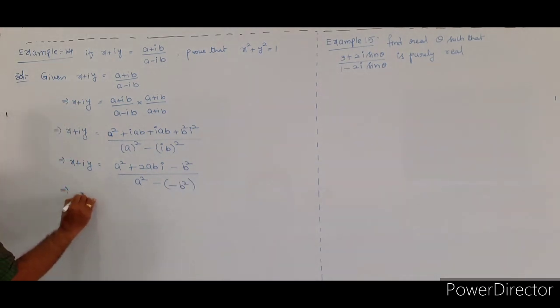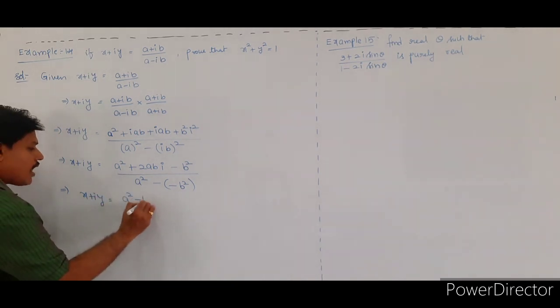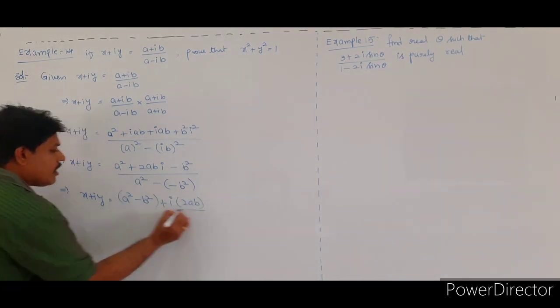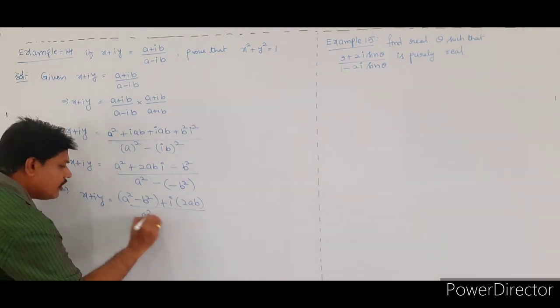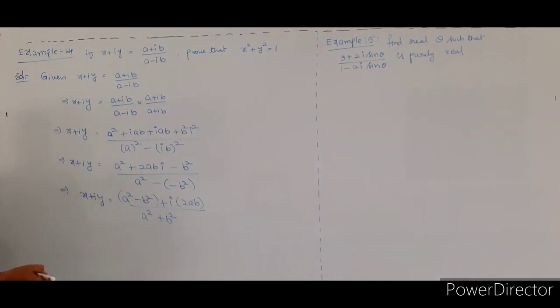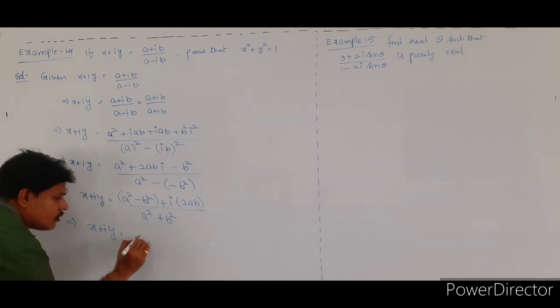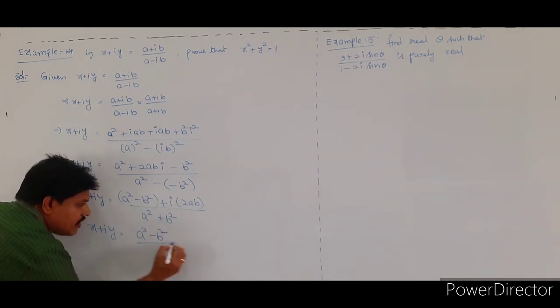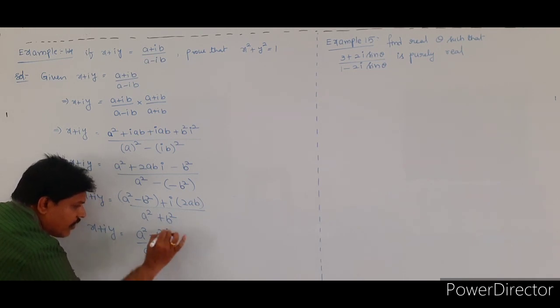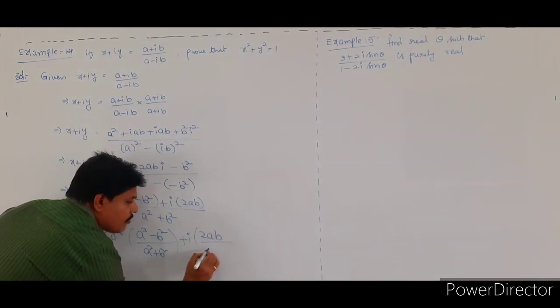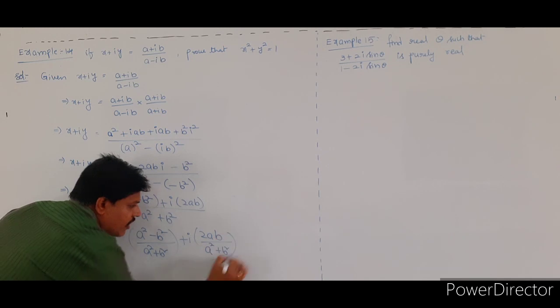So that implies x plus iy is equal to a square minus b square plus i into 2ab by a square minus of minus plus b square. So what happens? That implies x plus iy is equal to a square minus b square by a square plus b square plus i into 2ab by a square plus b square.